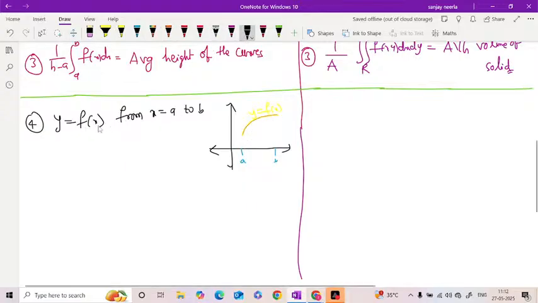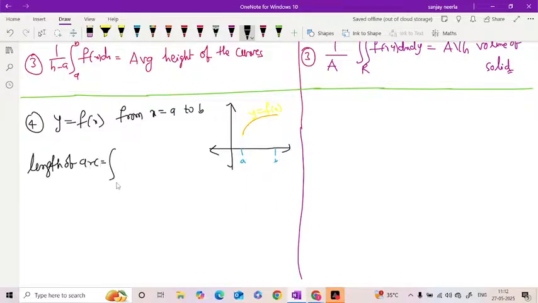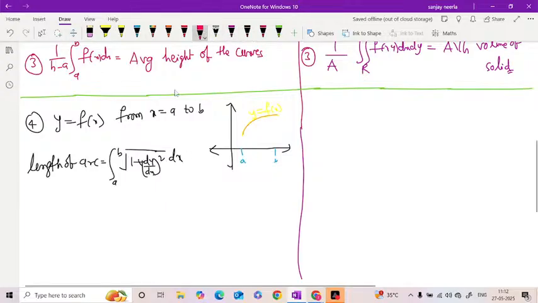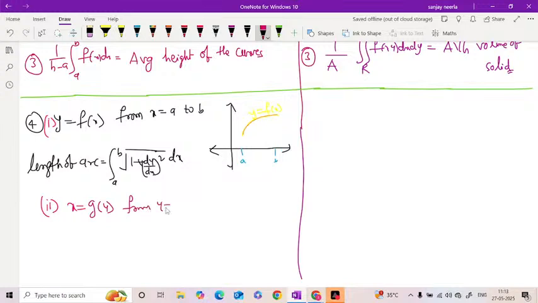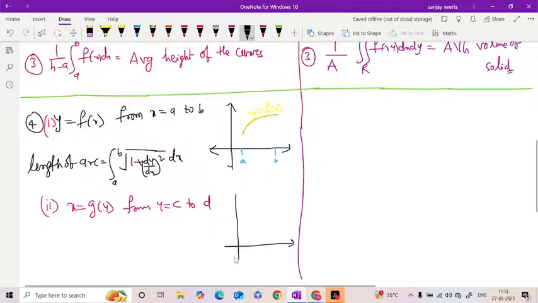The length of the arc is the integral from a to b of the square root of 1 plus (dy by dx) whole square, dx. We can also write it in a second form. If I take x equal to a function of y, with y limits c to d, the curve is the same but the approach is different.